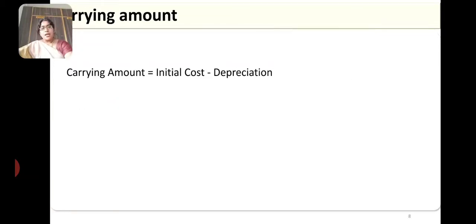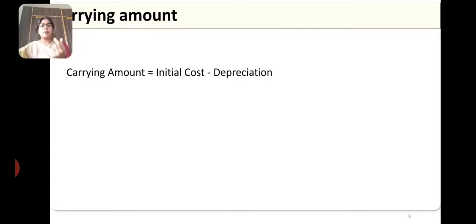Then, as I told, carrying amount is similar to book value, what we used to call book value earlier. The same thing is now called carrying amount. Carrying amount is nothing but the initial cost minus the depreciation. Say I have calculated the cost comes to 1 lakh and I am depreciating it at 10,000 this year.